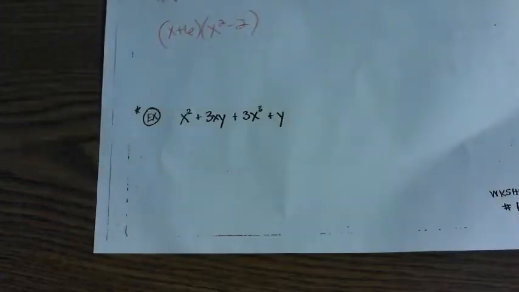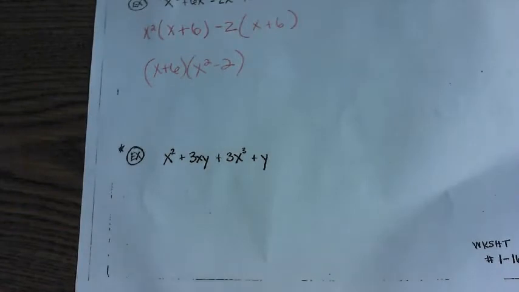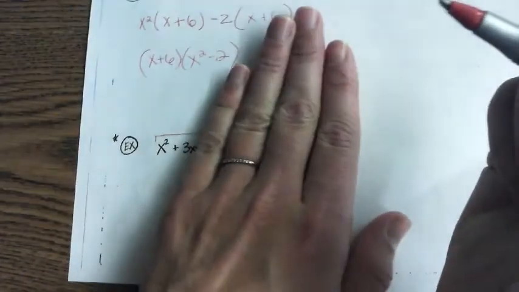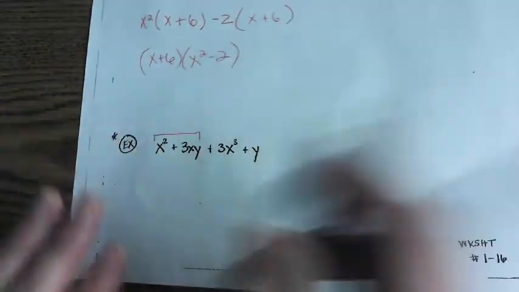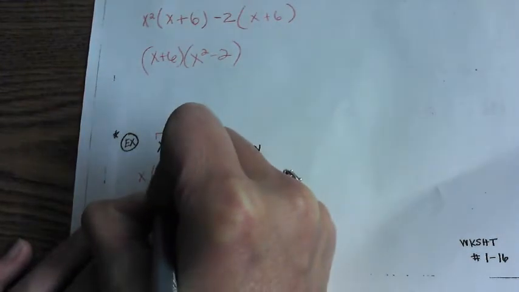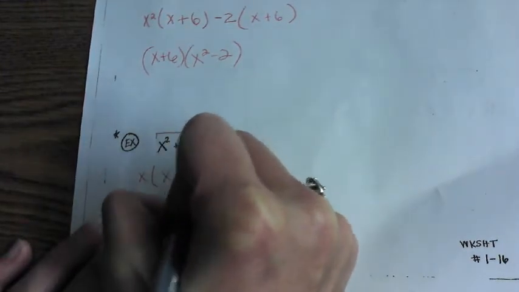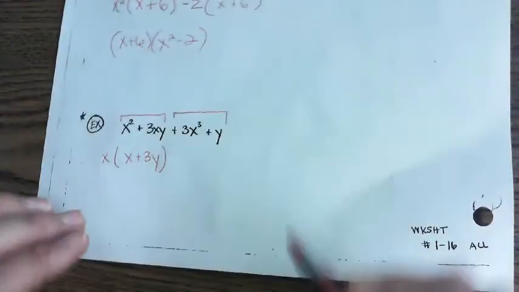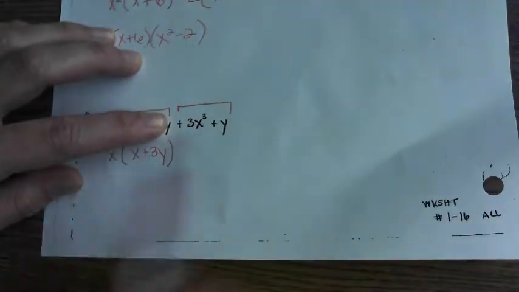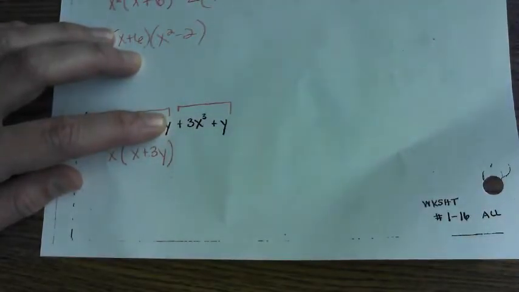Last one, because I like to throw multiple variables at you. There's another thing I got to talk about in this one too. Look at your first group. Chloe, what can I take out? X. X, and what's left? X plus 3y. Beautiful. Second group. What can I take out? Georgia's shaking her head. Nothing, right?